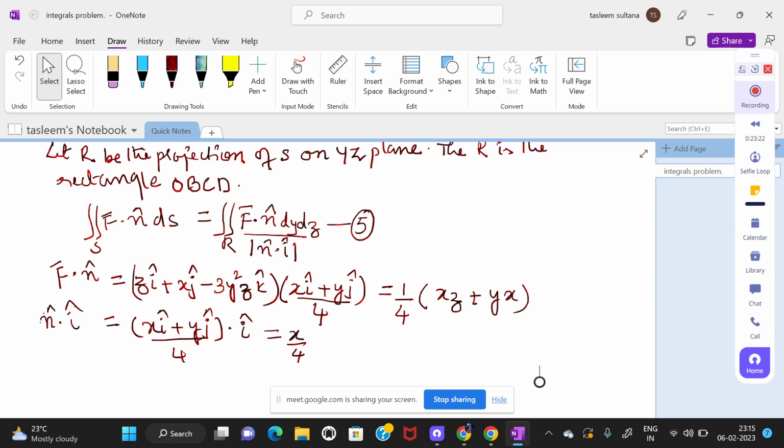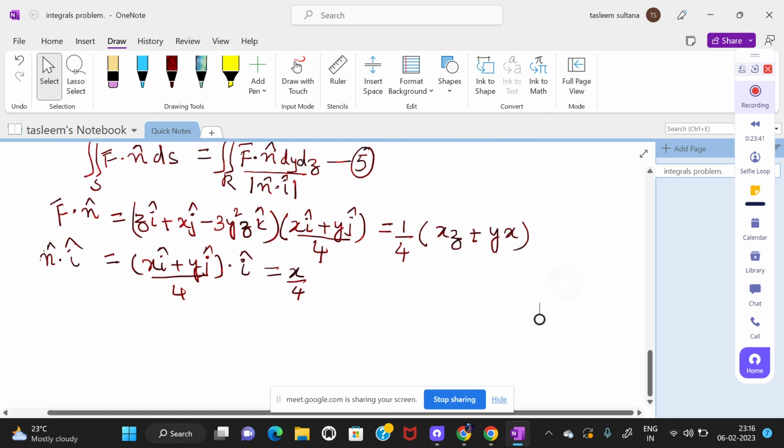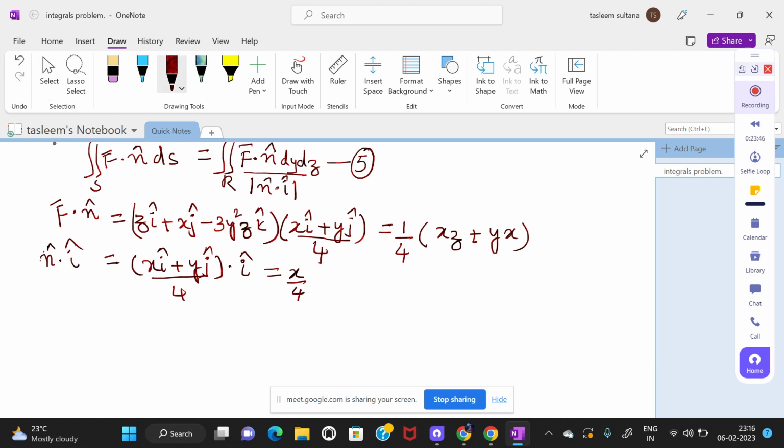We get z plus y. Yes, simplify the n vector. What are we going to get? F vector into n vector divided by n vector into i vector.